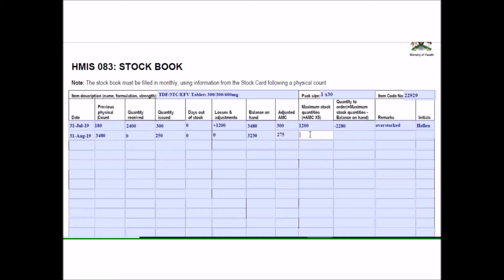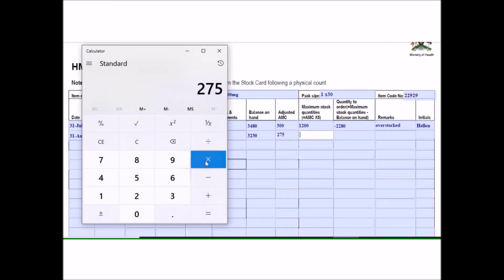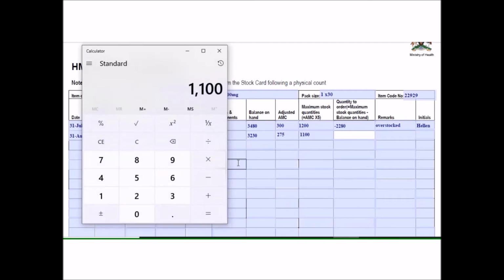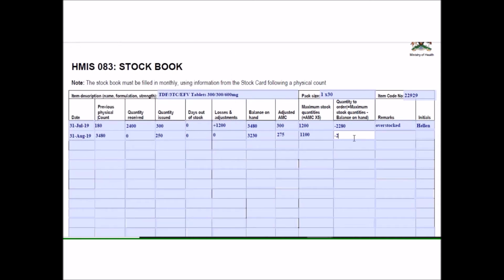Okay. And what would be our maximum stock? As I said, the ARV maximum stock is up to 4 months. So 1,100 is our maximum stock. And what is our net pool? What do we order? It is our maximum stock minus the stock we have on hand, which is 2,130 as a negative.